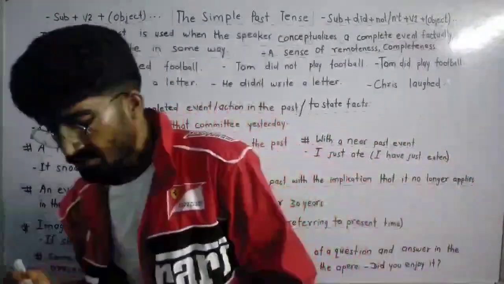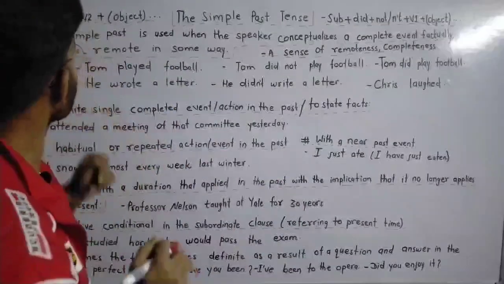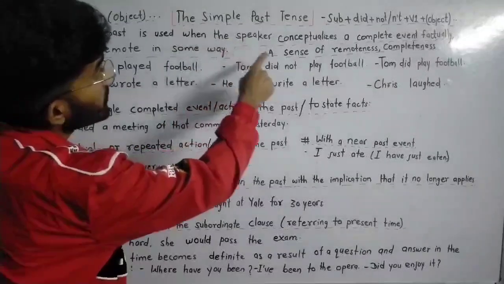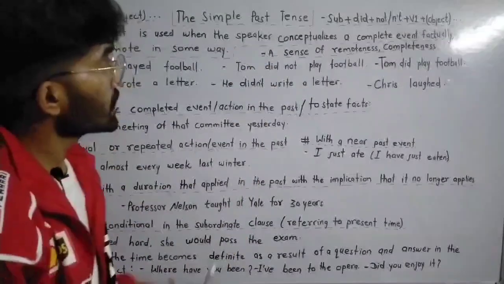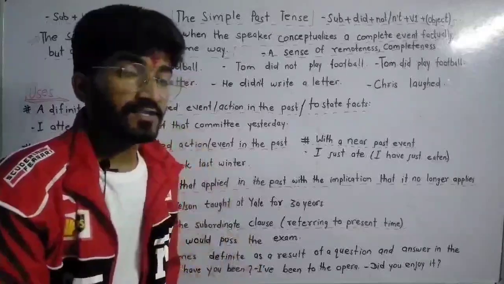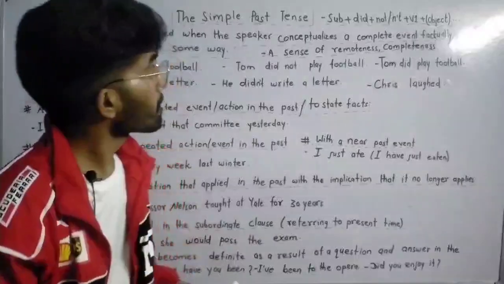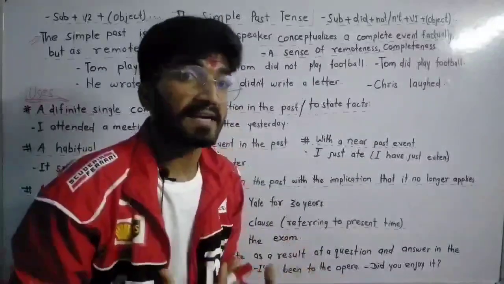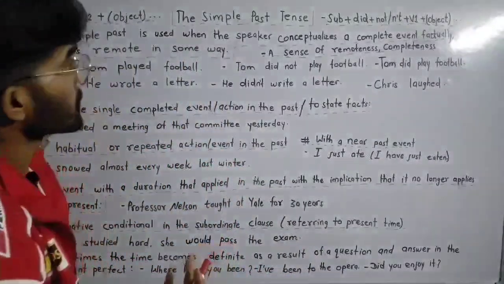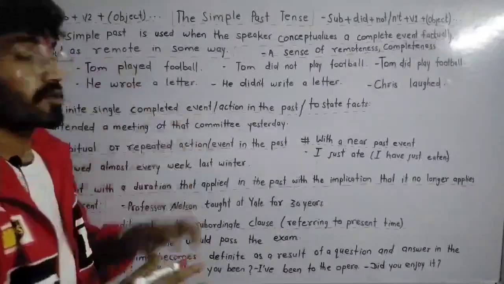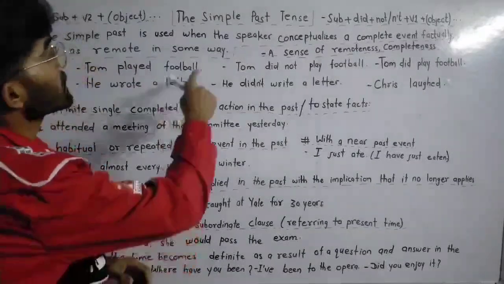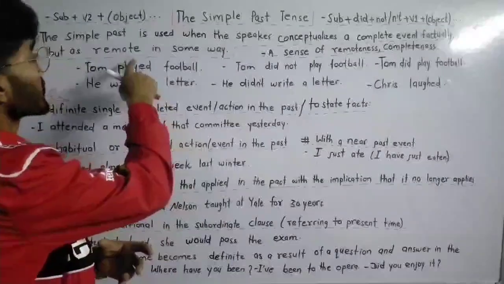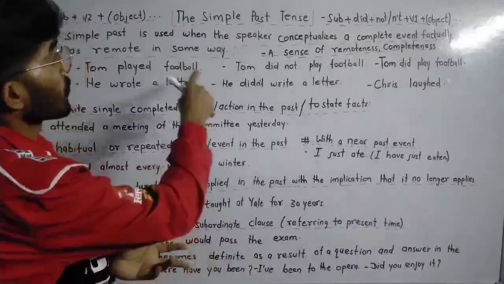And talking about its definition, you can see here the simple past is used when the speaker conceptualizes, understands, thinks of a complete event factually, as facts, but is remote, something far in some way in the past.